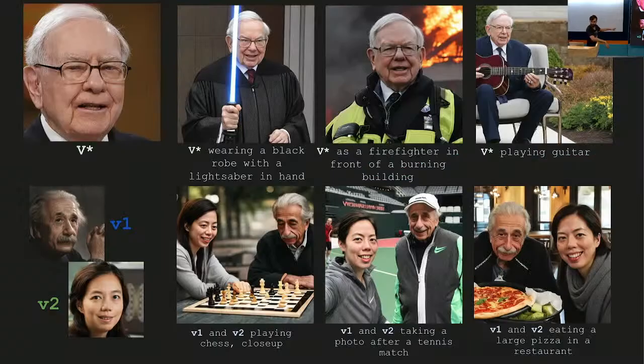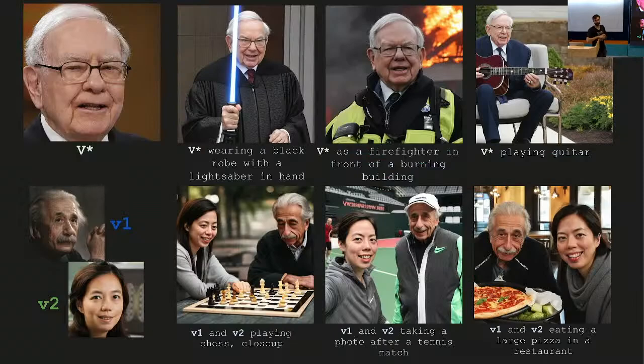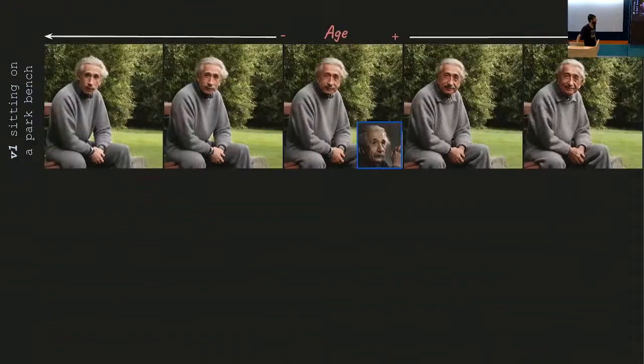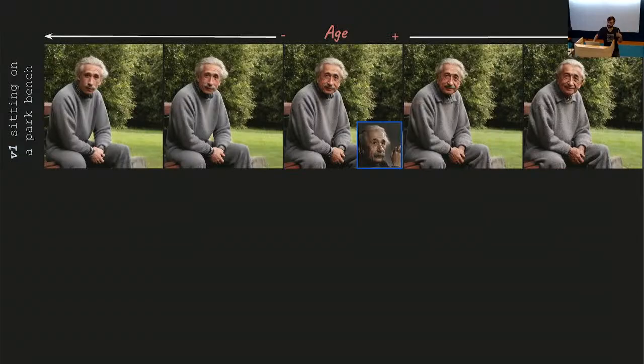So for 2 people, you learn V1 star, V2 star, and we did something more to make it work, that's in the paper, but essentially you can generate compositions of 2 people doing things which was not possible earlier. This one is specifically for human faces, but there are other works that compose multiple different objects.